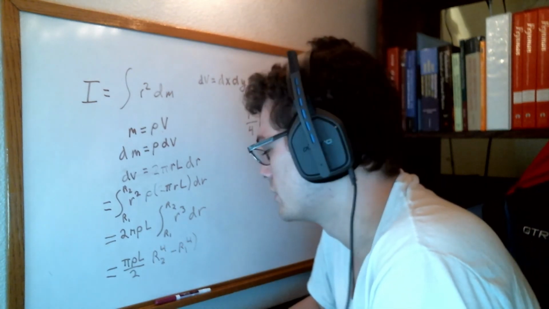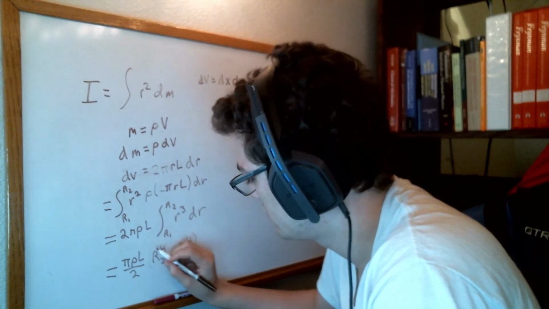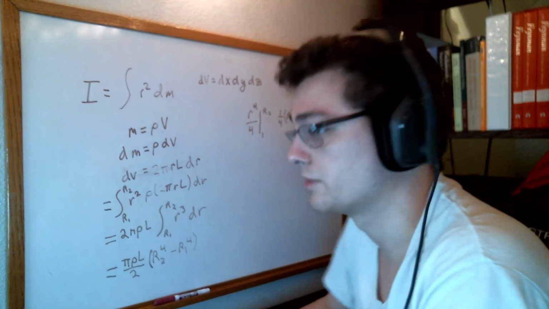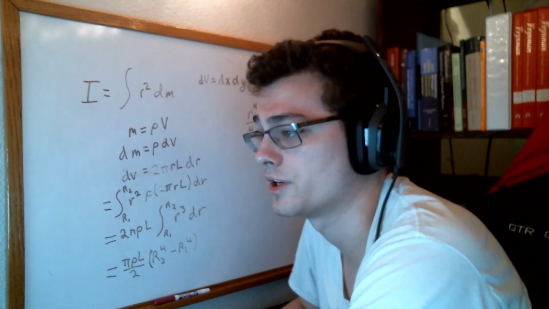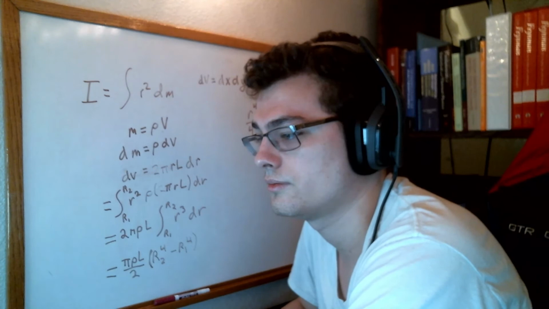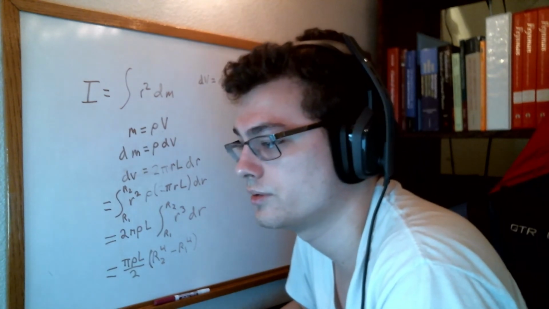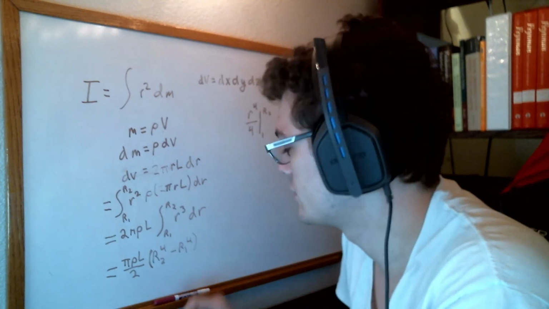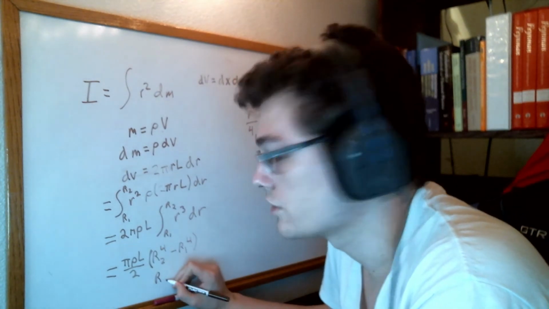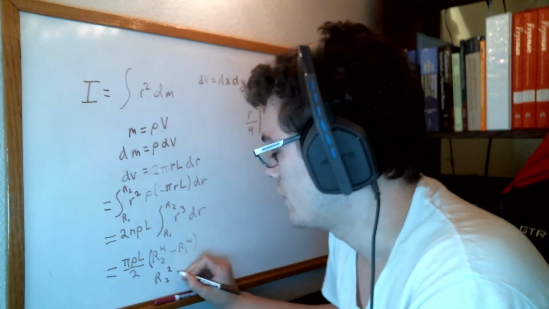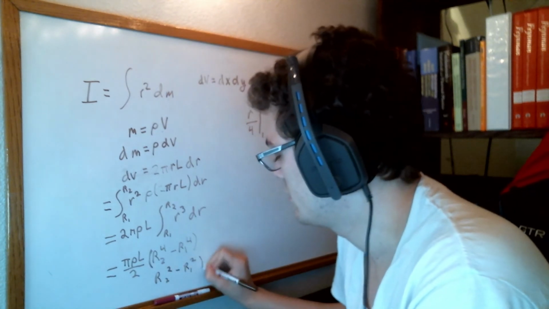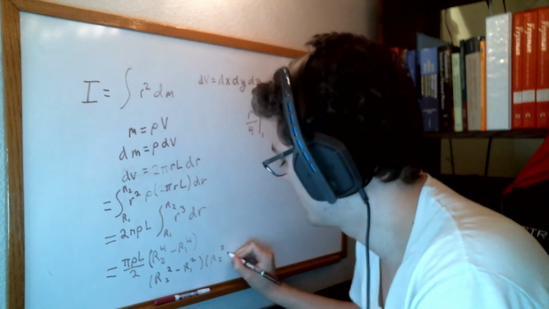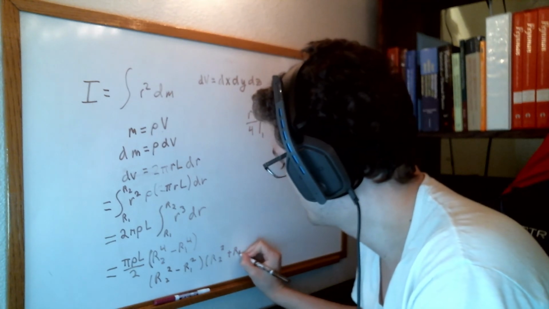And this is going to be the difference of two fourth powers, I guess. And so we'll be able to factor this very easily. From here, we will be able to say that this is going to be equal to R2 squared minus R1 squared times the quantity R2 squared plus R1 squared.